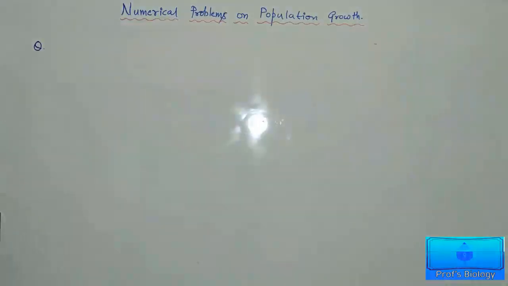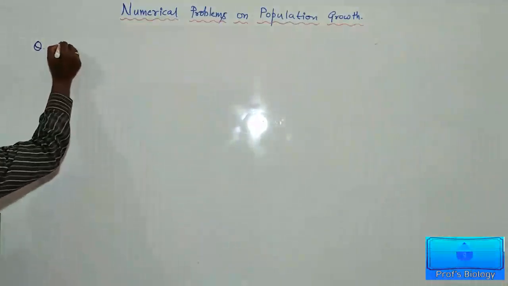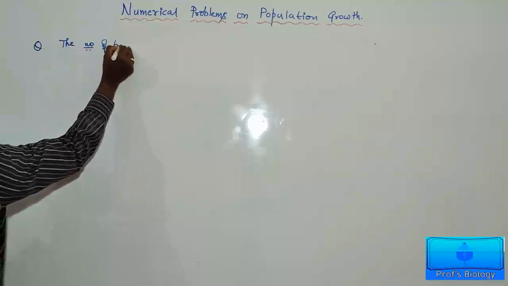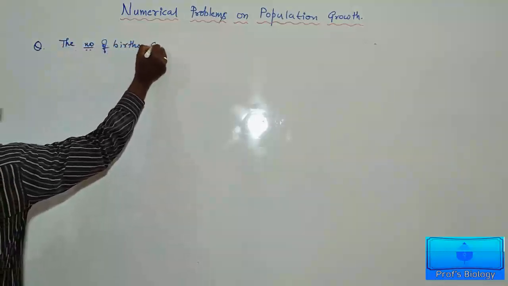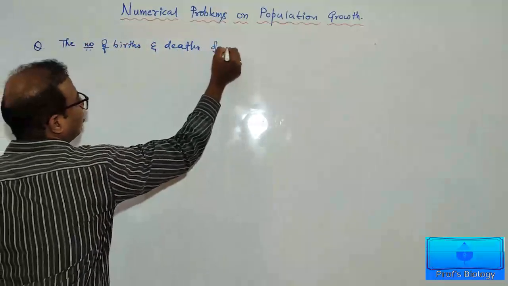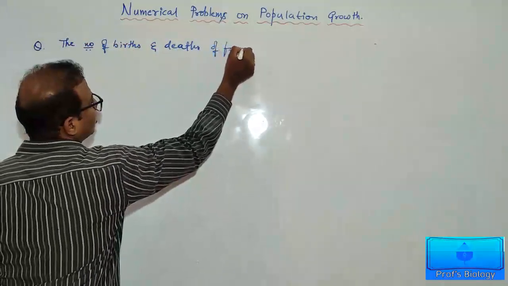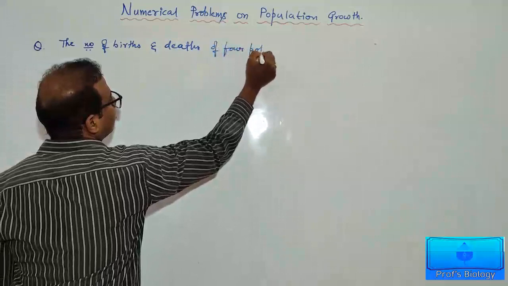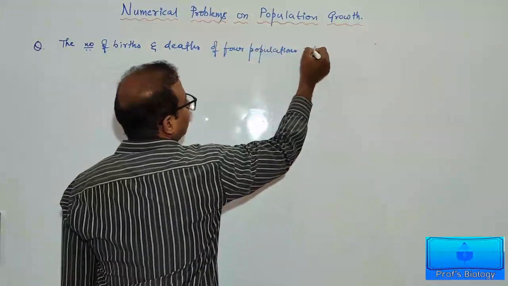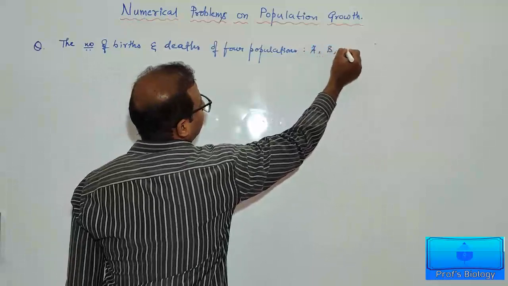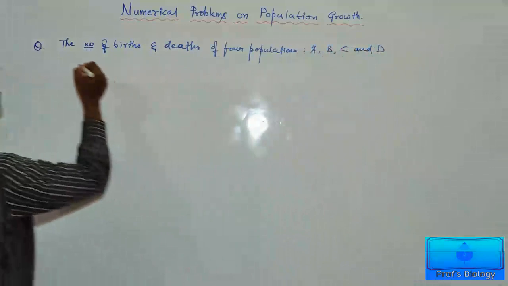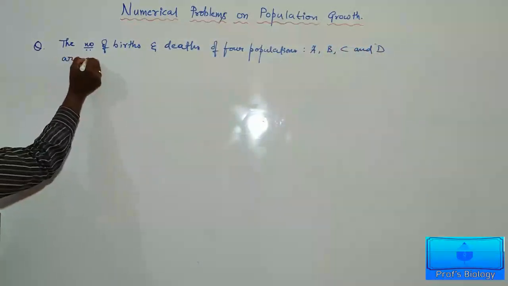The next problem is like this. The number of births and deaths of 4 populations A, B, C and D are as given below.